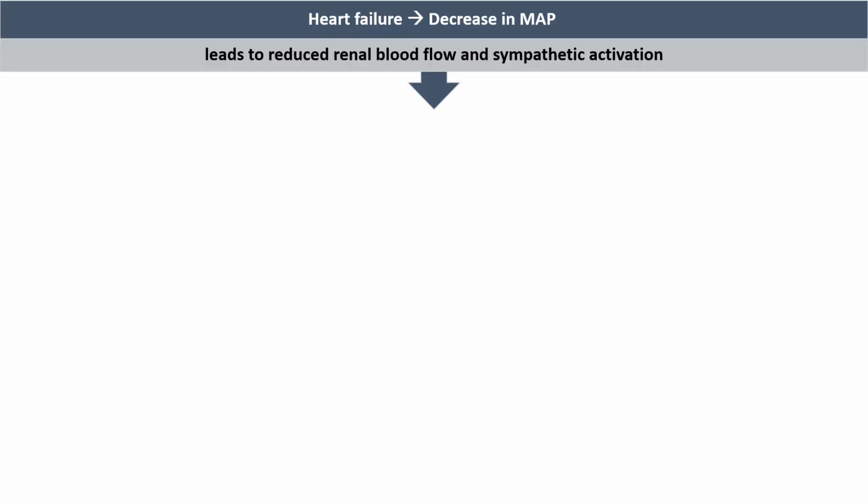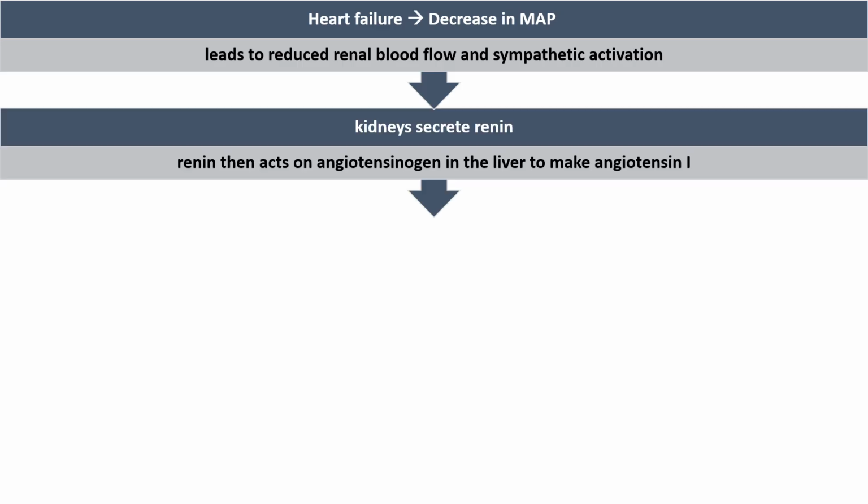Another parallel mechanism is when there is heart failure and a decrease in mean arterial pressure, leading to reduced renal blood flow and sympathetic activation. The kidneys then secrete renin, and renin then acts on angiotensinogen in the liver to make angiotensin 1.